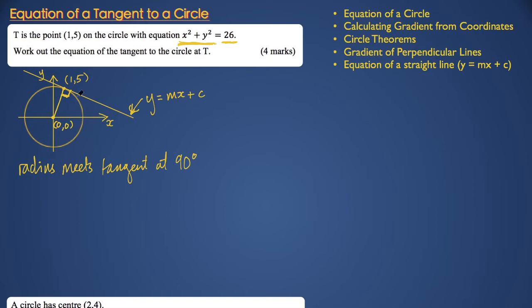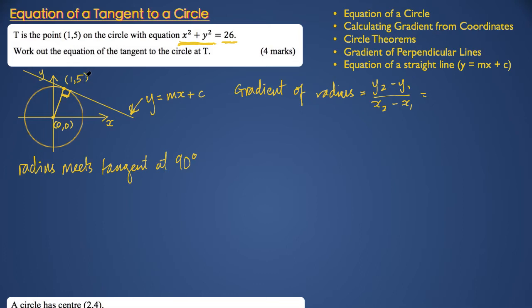Calculating the gradient from coordinates. We know that this line, the radius, goes through the point 1, 5 and the point 0, 0. So I'm going to start structuring my working by saying gradient of radius. And gradient, as we know, is the change in y variables over the change in x variables. So I'm going to say y2 minus y1 over x2 minus x1.